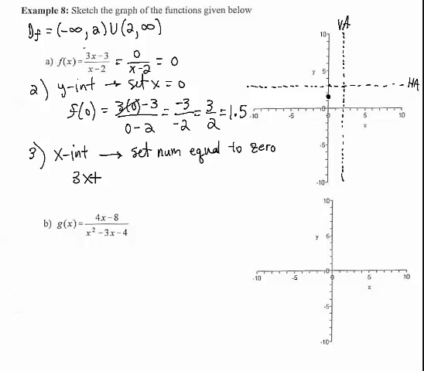So we take the numerator, 3x minus 3 equals 0. Simple equation. It's not quadratic. We simply add 3 to both sides. That leads us to 3x equals 3. And finally, dividing both sides by 3, we get x equals 1.